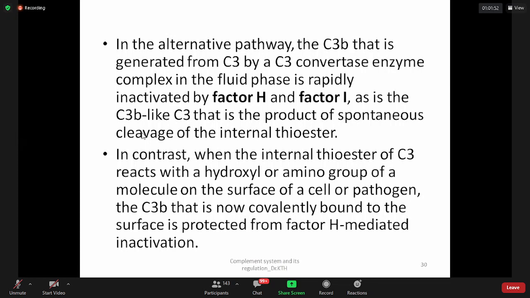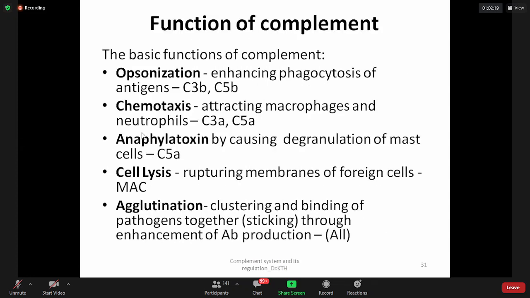And in the presence of an antigen, C3b will bind. If there's no antigen, C3b will be inactivated. And this is done by factor H and factor I. In contrast, if you have an antigen, the internal hydroxyl group of that antigen will instead stabilize the C3b antigen complex, and that will activate the alternate pathway. So that is the control, okay?